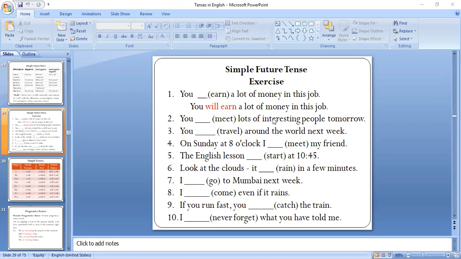Then the eighth sentence is: I in bracket come even if it rains. Okay. So for this we use here, I will come even if it rains. Okay. I will come even if it rains.